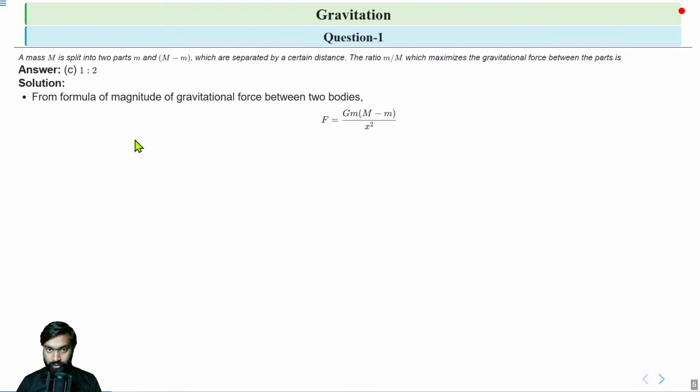So in this question, the magnitude of gravitational force between two bodies is F equal to G into small m into capital M minus small m divided by x square.